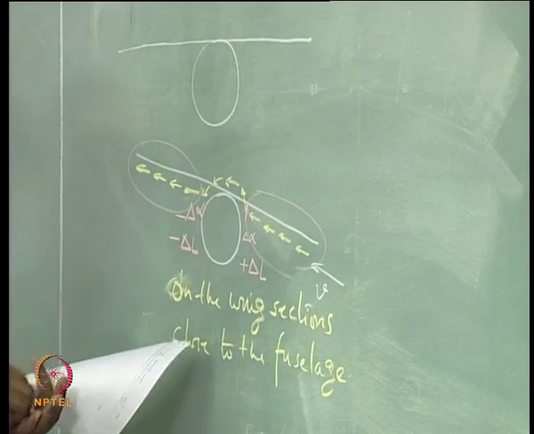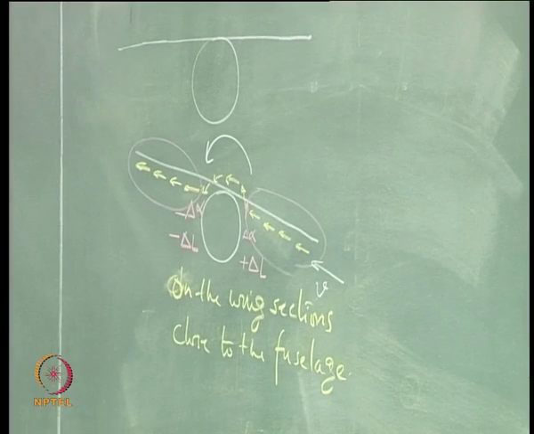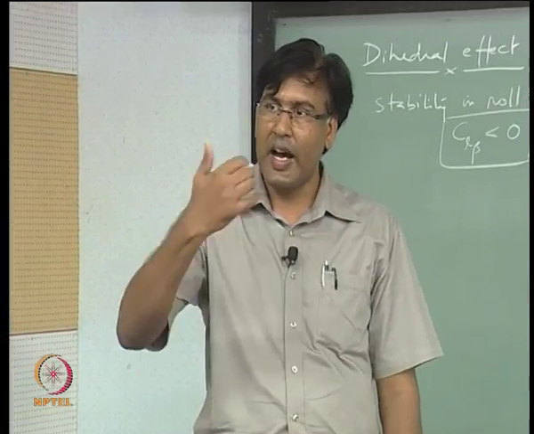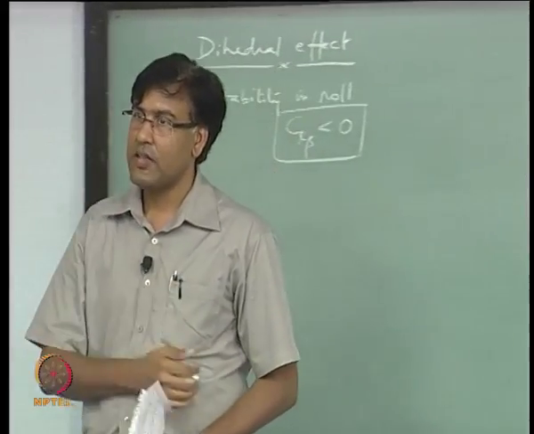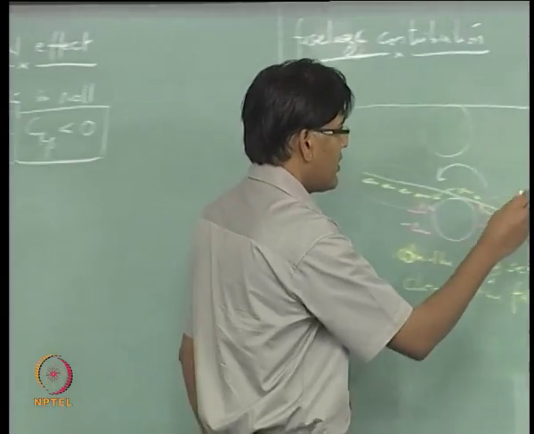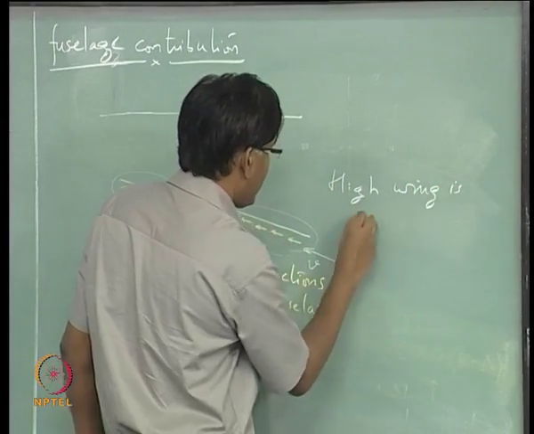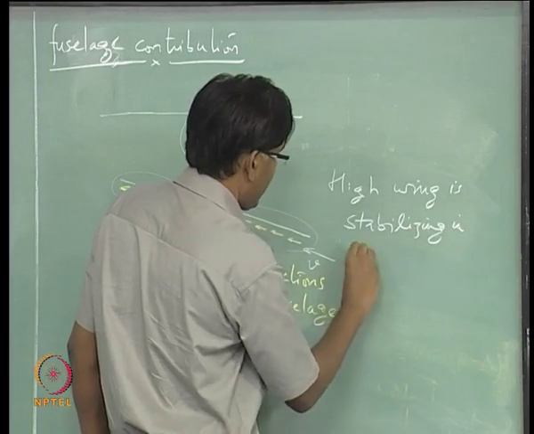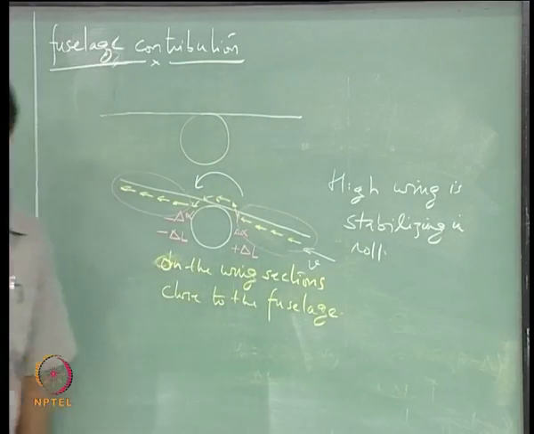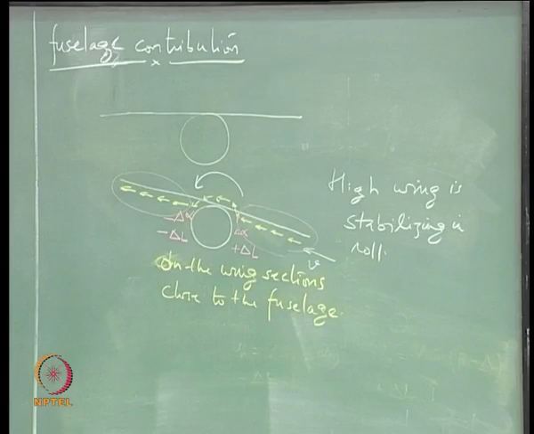So you get a moment which is negative. So a high wing configuration is a stabilizing configuration, stabilizing in roll. Whenever I get CL beta less than 0, I will say it is a positive dihedral effect. Okay.